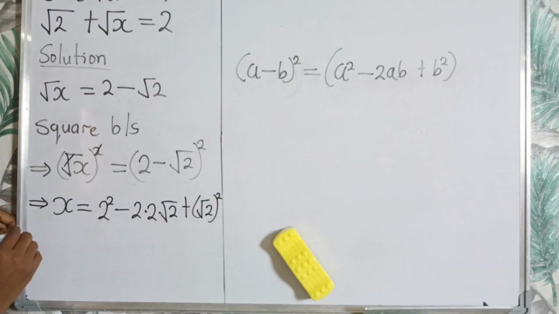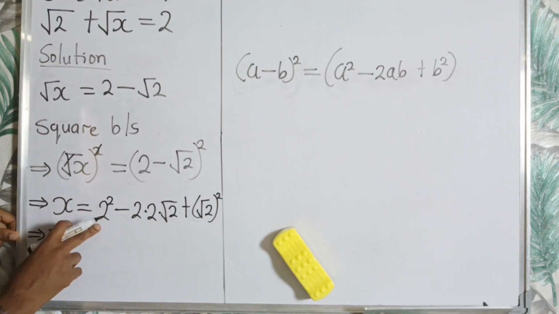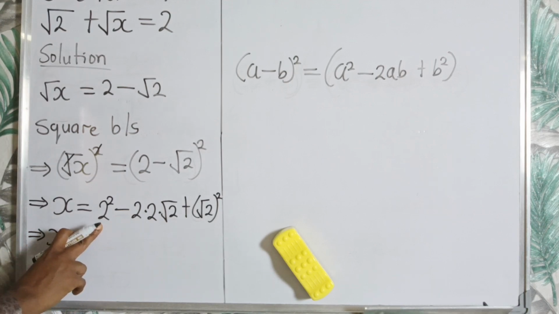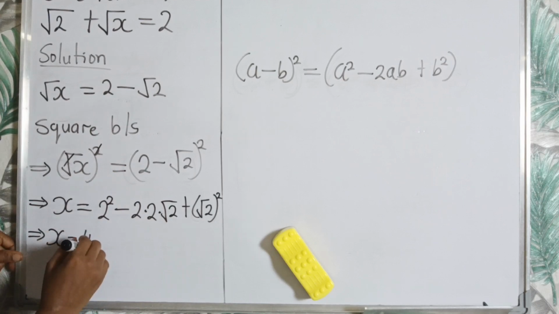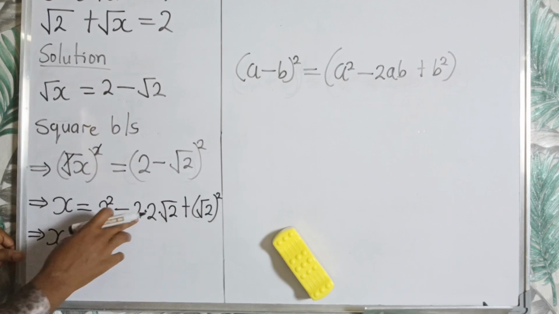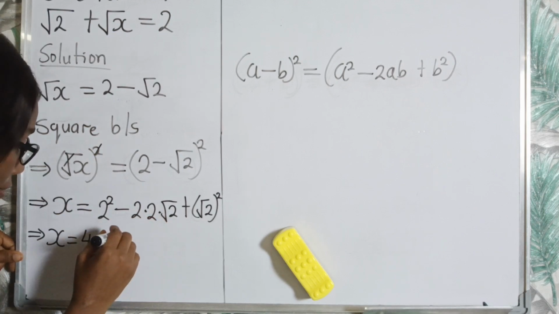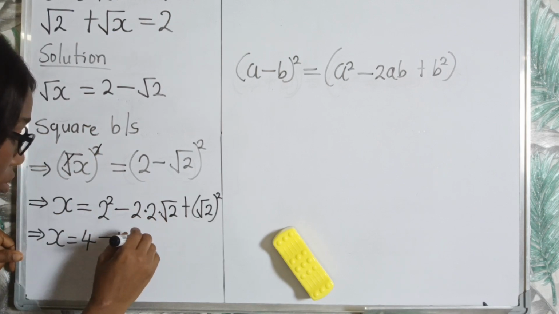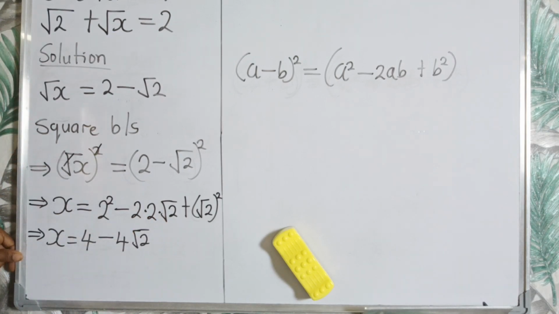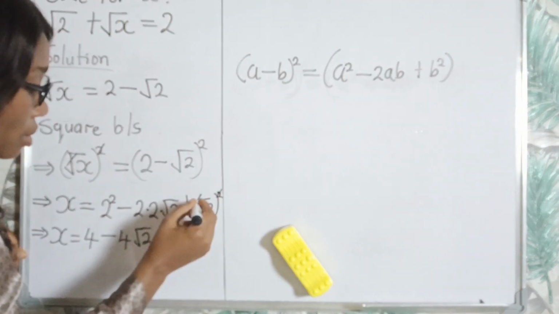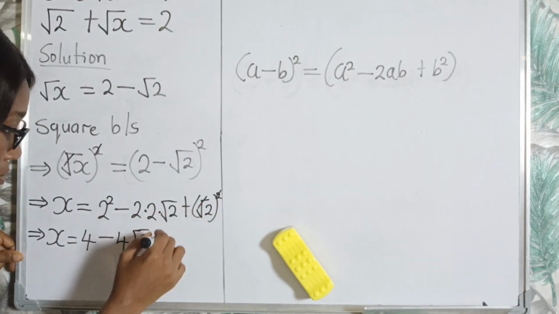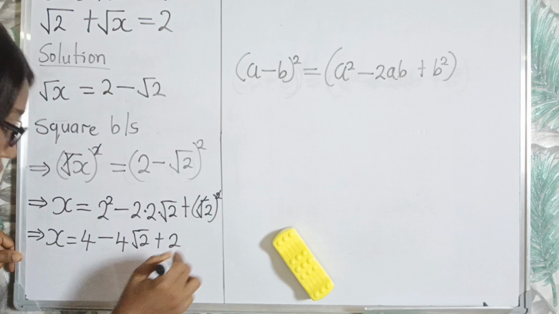All right. So now we are going to have x is now equal to 2 squared is 4 minus 2 times 2 is 4. 4 times root 2 is 4 root 2. And then here, the square will cancel the root. So we have plus 2.